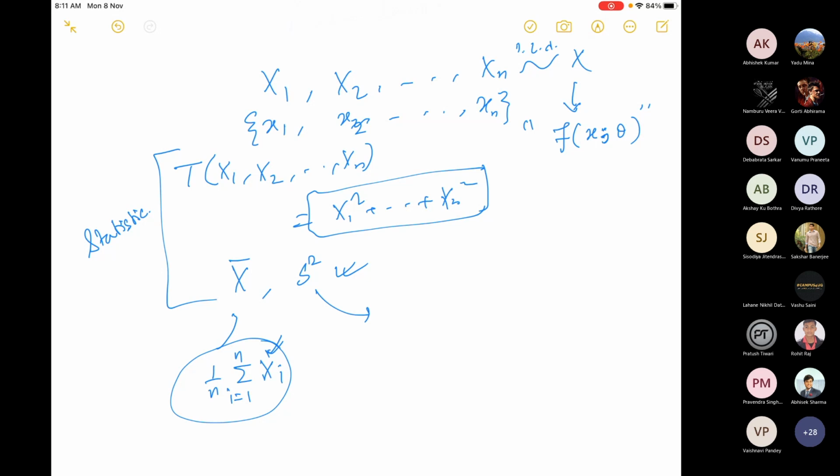And then we have seen some theorems which we talked about, like sampling distribution. What is a sampling distribution? This is the PDF, the density function, of some statistic.